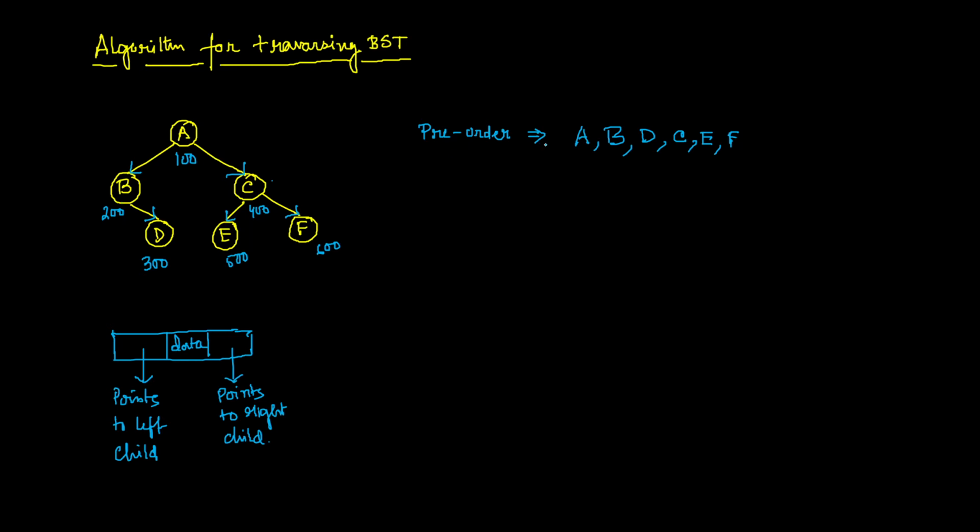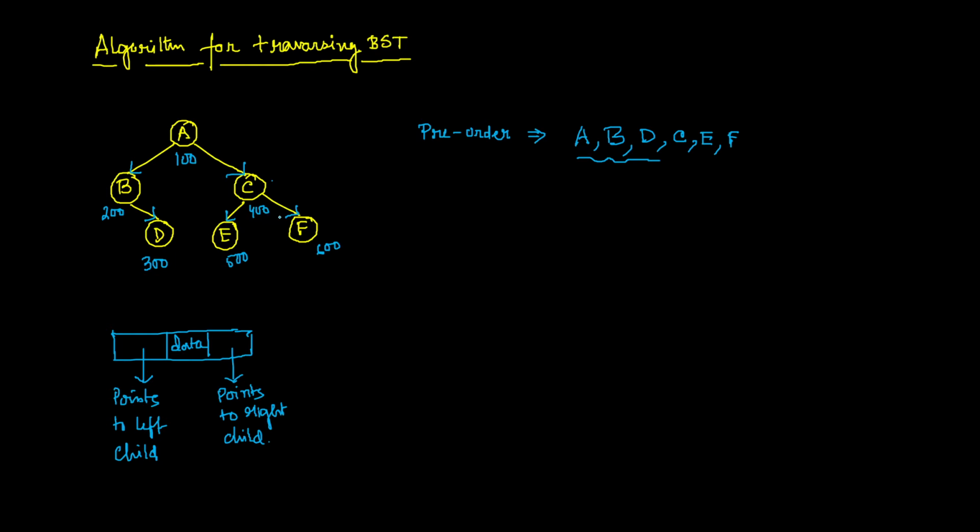But if you see this order correctly, to traverse pre-order, somewhere I must have to return. For example, let's take a scenario where we have done this part, fine, and then we have to print C. Printing C means I have to reach address 400.